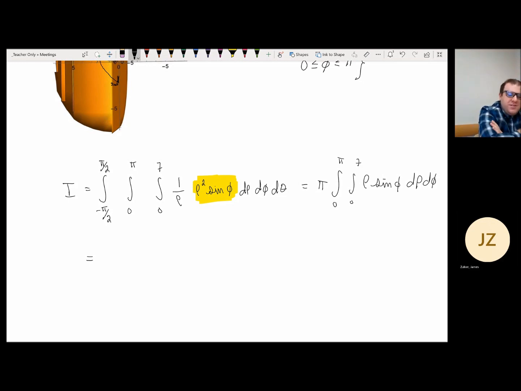Rho squared over 2 from 0 to 7 would be 49 halves. All right, we're left with 49 pi over 2 times the integral 0 to pi sine phi d phi. Antiderivative of sine phi is negative cosine phi from 0 to pi is 2. And we're left with 49 pi. That is another integral that is going to be used quite often, so you may want to make note.